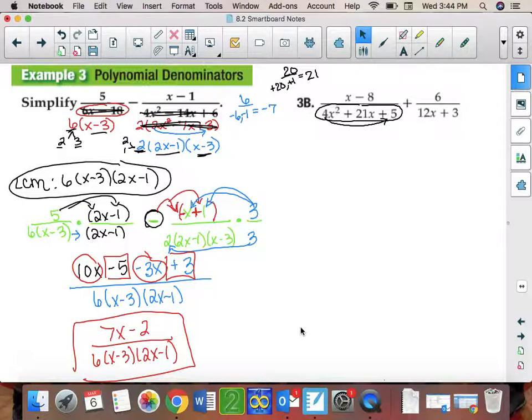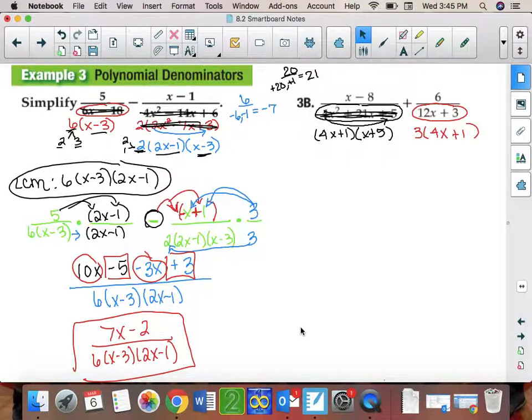Again, you would do this by grouping, so you could pause this and do that and make sure you get this, but I'm going to write what it should be when you're done, and that's 4x plus 1 times x plus 5. And then I'm going to mark that out. And then I'm going to go over here to my other denominator, and the GCF is a 3, so we're going to take that out, and that would be 4x plus 1.